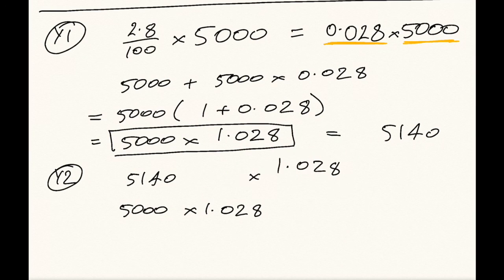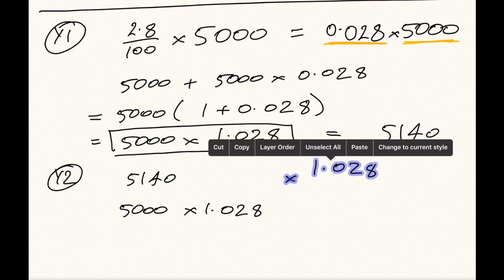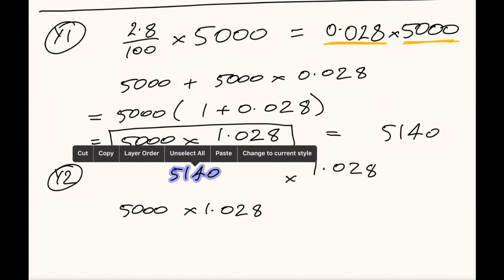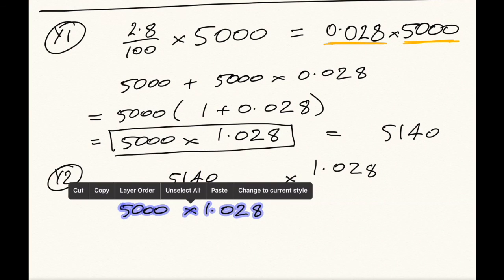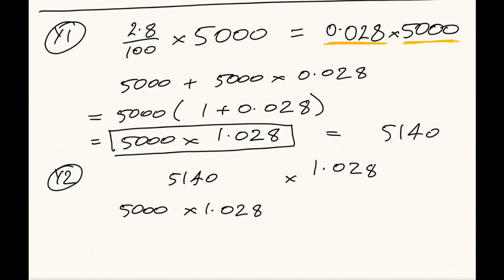So we'll move that over to one side so you can see it more clearly, that the 5,140 here becomes 5,000 times 1.028, and then I'll go back and put this in. So at the end of the second year we've got this slightly longer calculation, where we've started off with the 5,000. We've got the first year's interest rate there, and then the interest rate here for the second year.